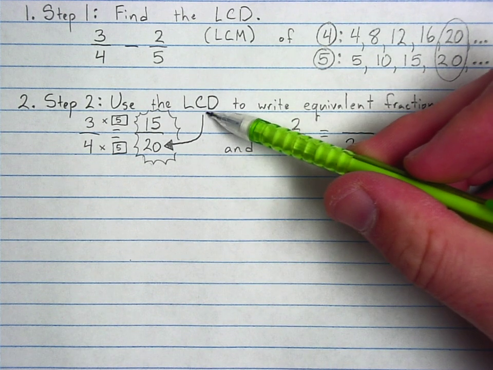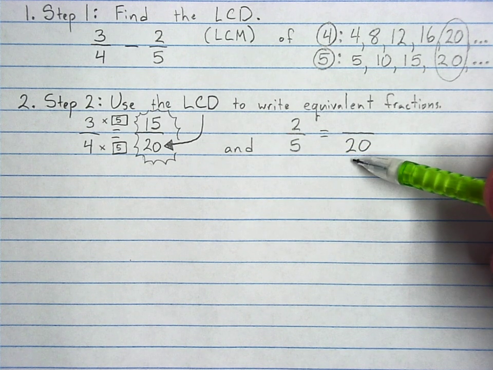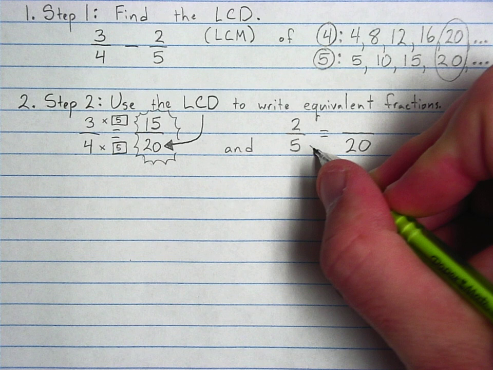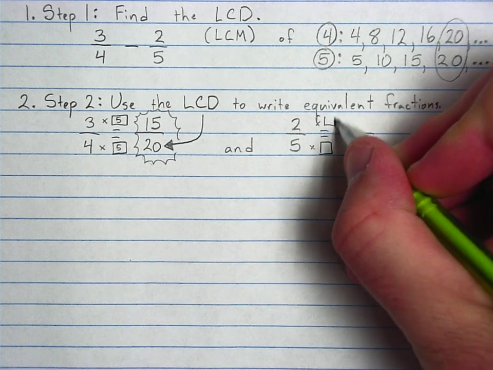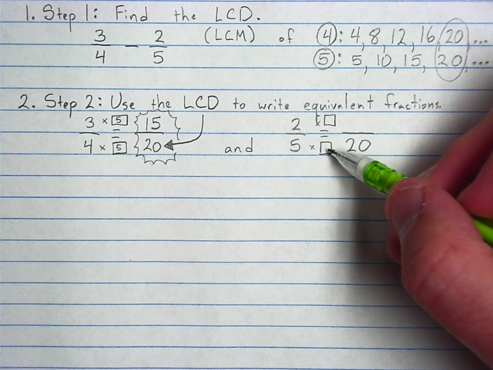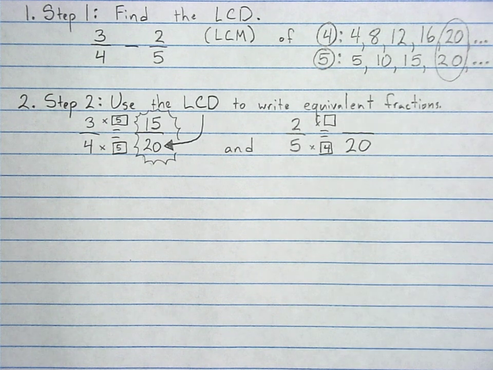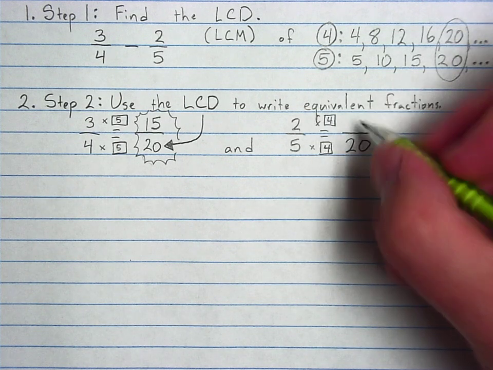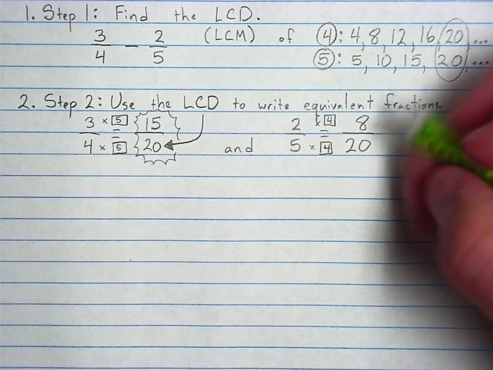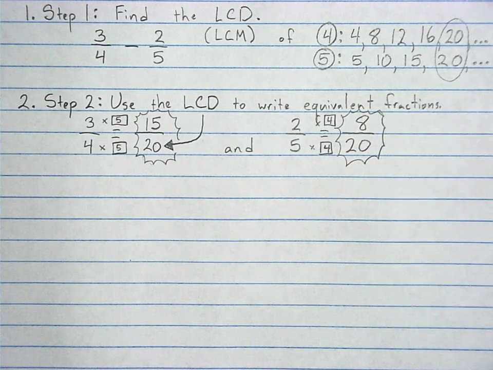So again, if I had space, I'd draw an arrow, but I don't, so I won't. There's my least common denominator. There's 20. 5 times something equals 20. 2 times the same something. Well, most of you are probably yelling at the screen, it's 4. I know that it's 4. Get to the chase. Okay, well, there we go. I will cut to the chase. 5 times 4 is 20. 2 times 4, I have to multiply with the same thing. 2 times 4 is 8.